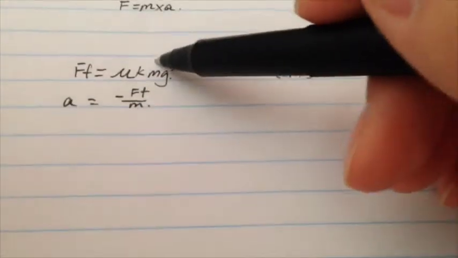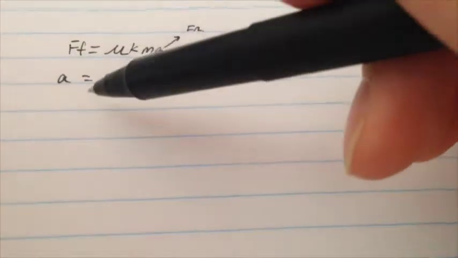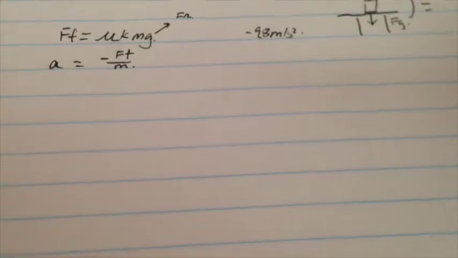To move it from this side to the other side you have to change sign, but we want acceleration to be positive, therefore we change this side to negative. So acceleration equals mu k times g, because Ff can be written as mu k mg, divided by m, so the m's cancel out.